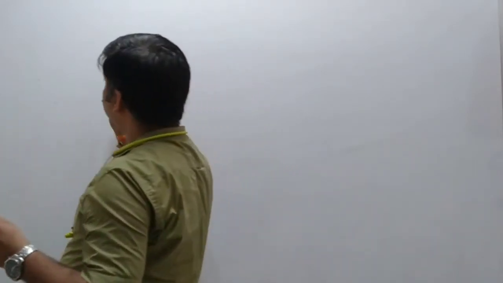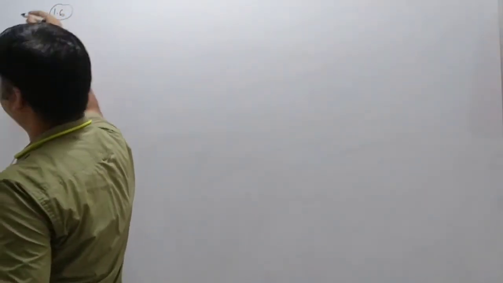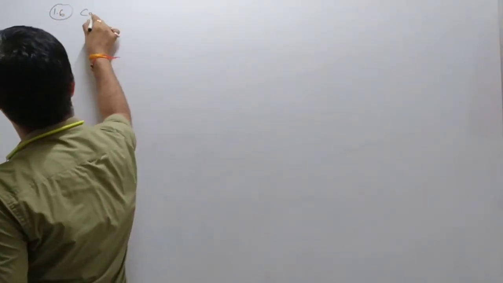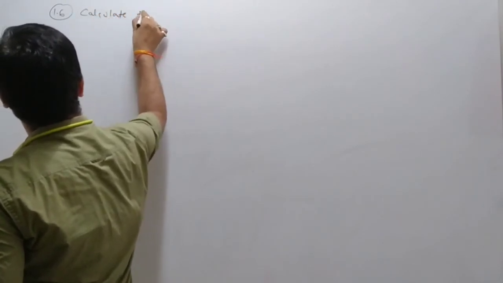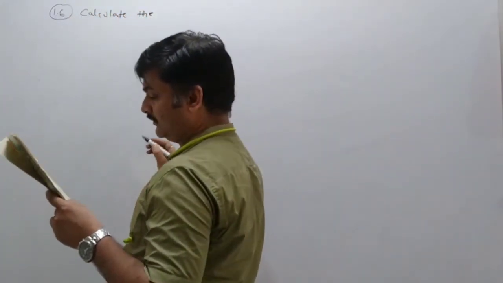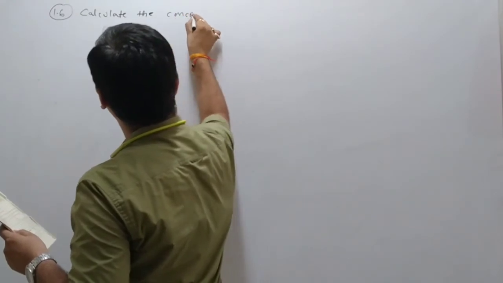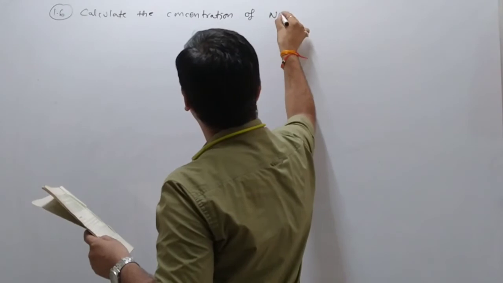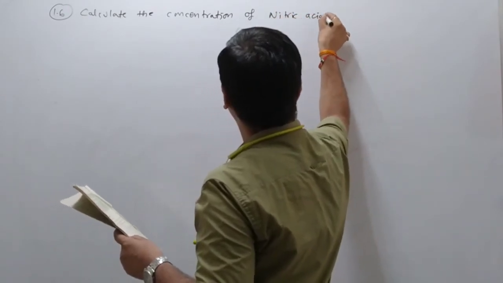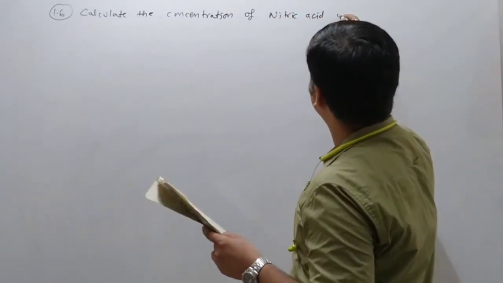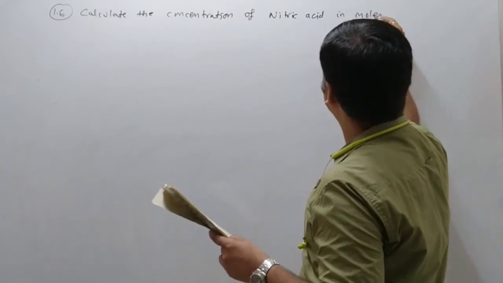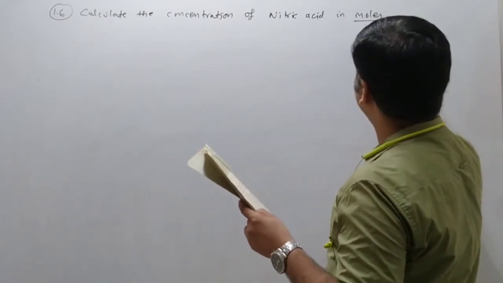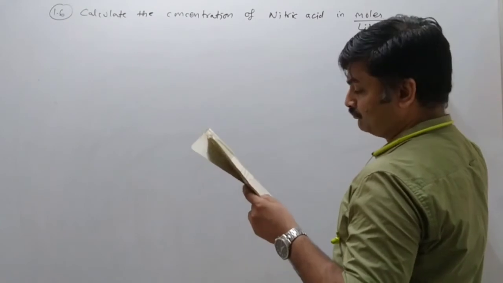All the questions are of different types. Question number 1.6: calculate the concentration of nitric acid in moles per liter.